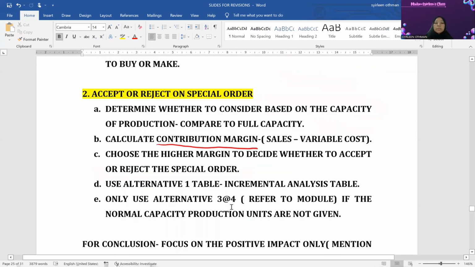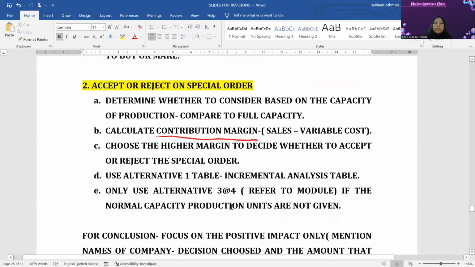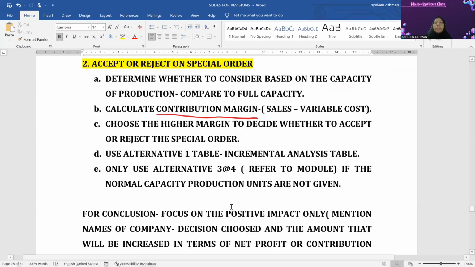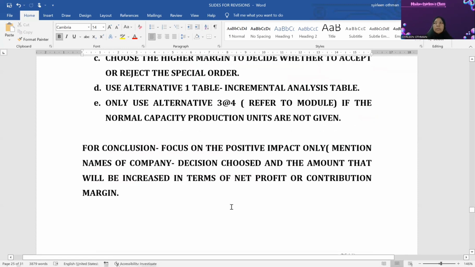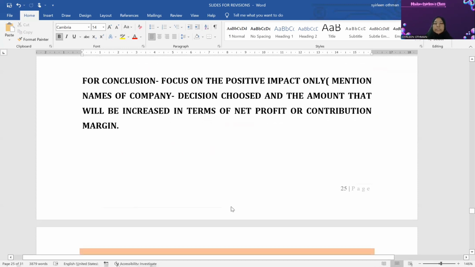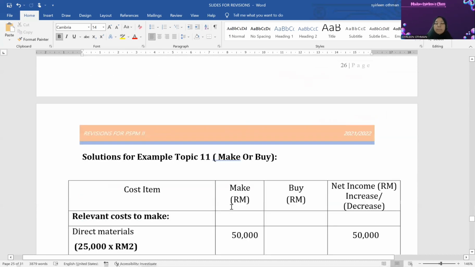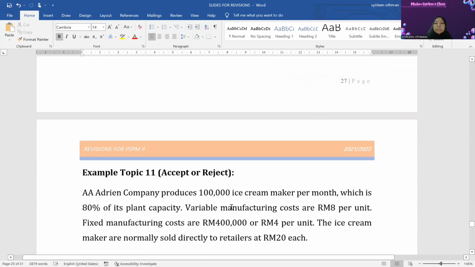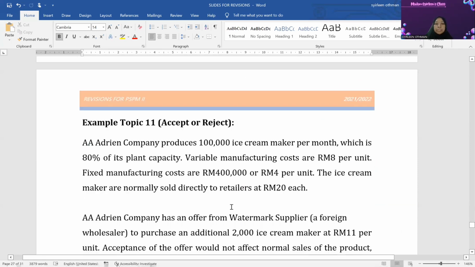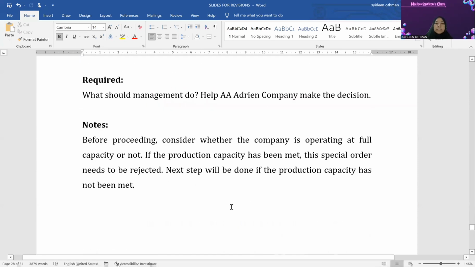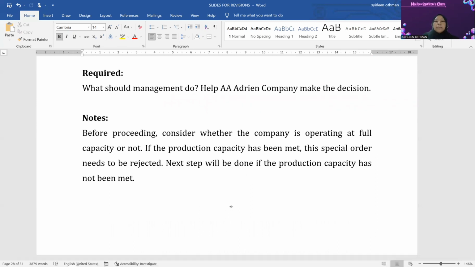Okay, so one more thing that you need to understand, if you do the accept or reject decision in topic 11, okay, make sure the production does not exceed the normal capacity, the maximum capacity of the production. So it is very important to see whether the company is operating at full capacity or not.